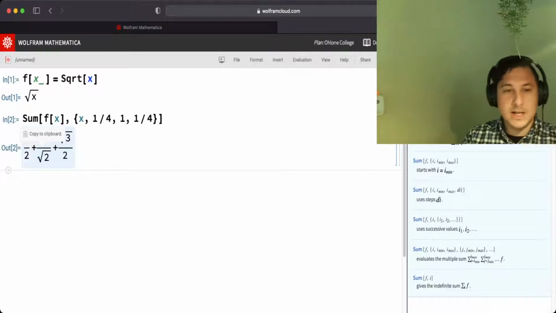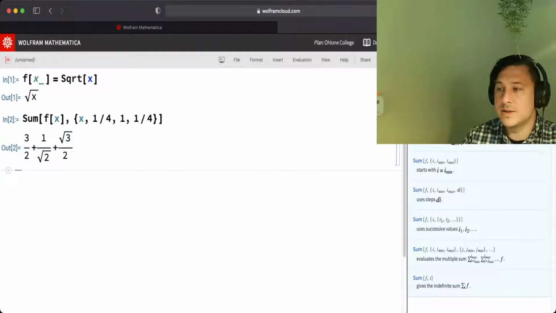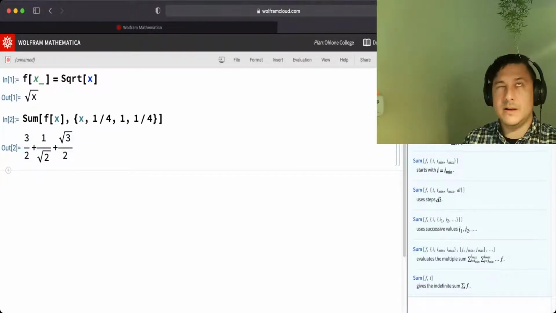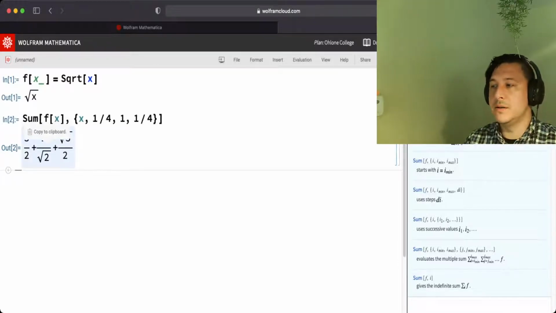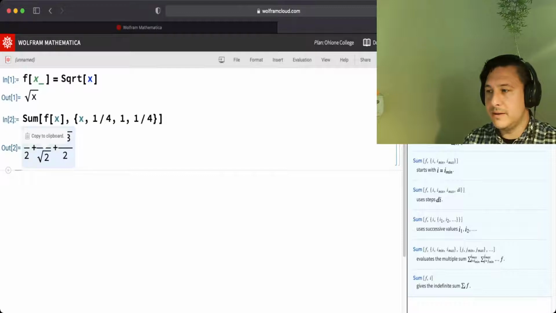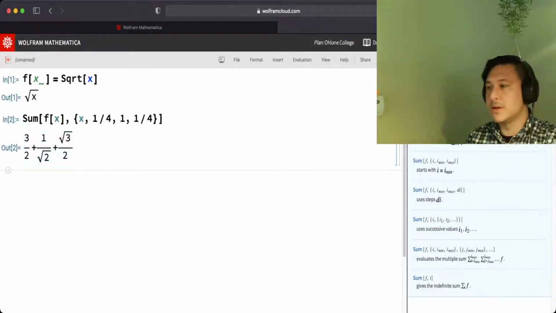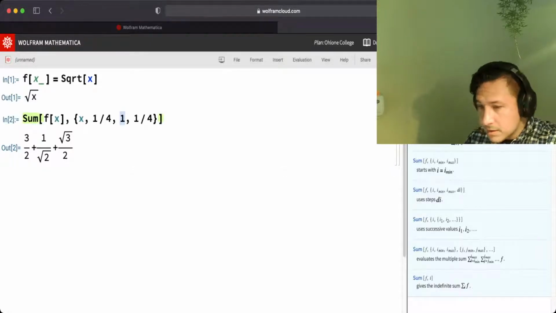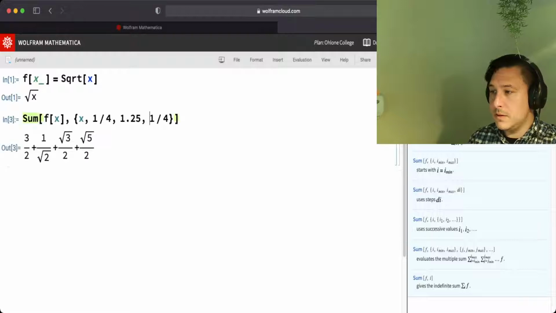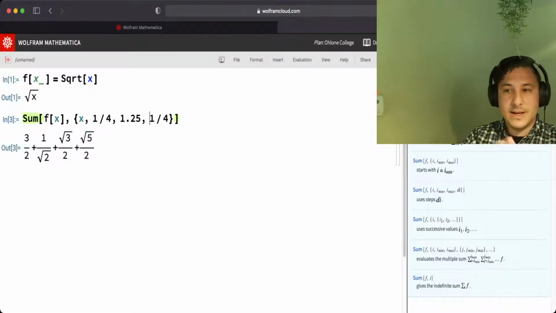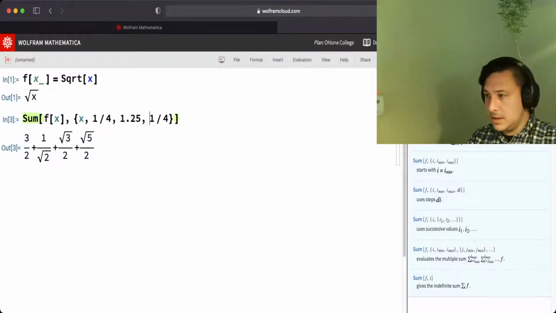So what this is here is it's actually plugging in the numbers. The 3/2, that's f of 1/4. The 1 over root 2, that's f of 1/2. The root 3 over 2, that's f of 3/4. So let's make it go to 1.25. There we go. So there, what it's done is it's added up.